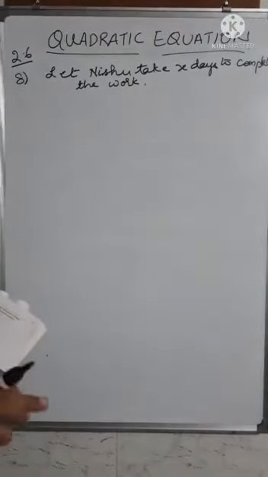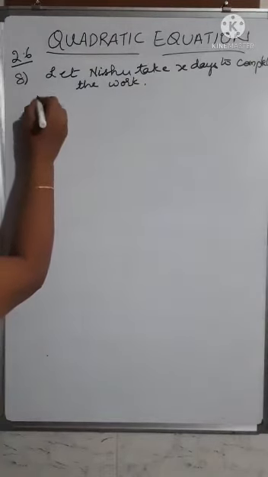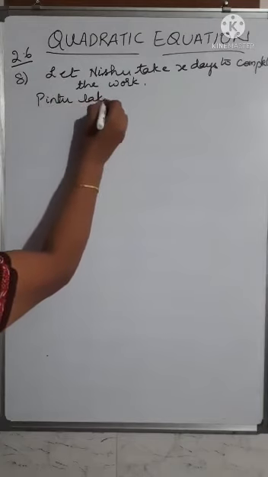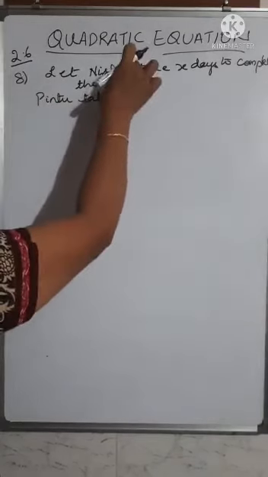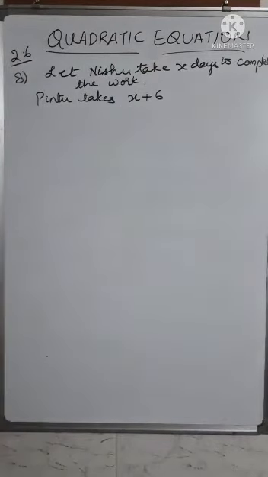Then Pintu takes 6 days more. Pintu takes 6 days more than Nishu, means you will get it as x plus 6 days.